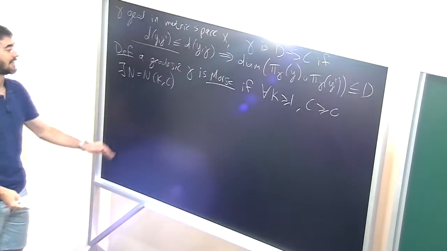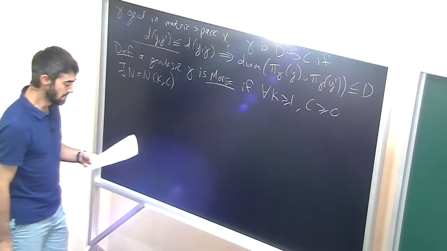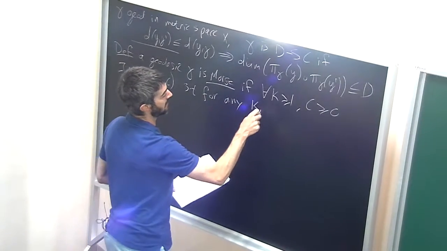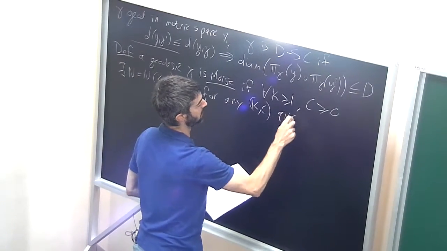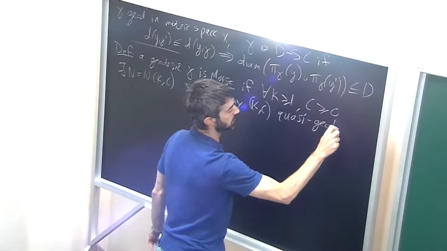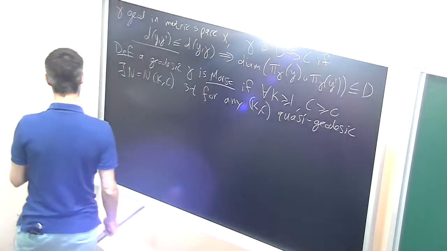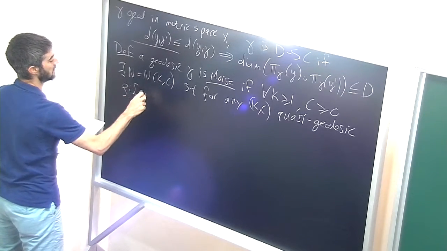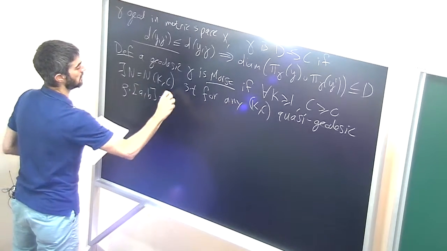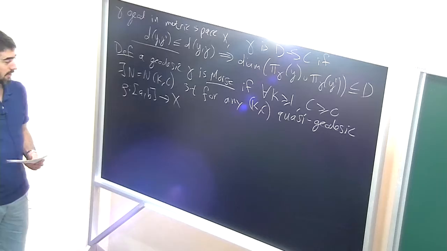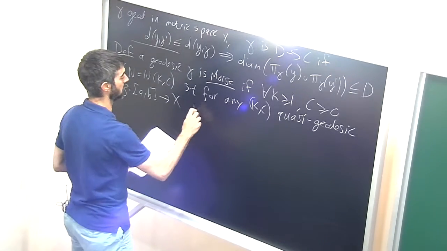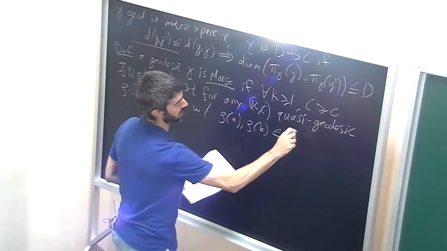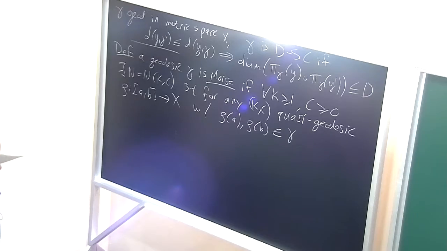So I have some kind of function hanging around n of k and c, such that for any k, c quasi-geodesic, let me call it rho, with endpoints rho of A and rho of B lying in my geodesic gamma. So it's some quasi-geodesic that starts and stops on gamma.